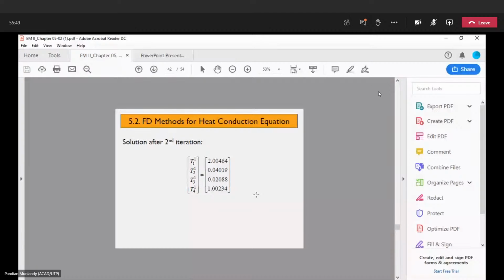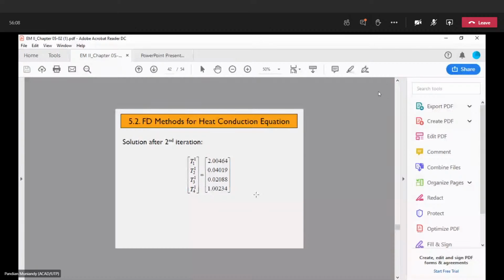So the error, we found out, T1 0.04%, T2 0.1%, T3 96.12%, T4 0.04%.